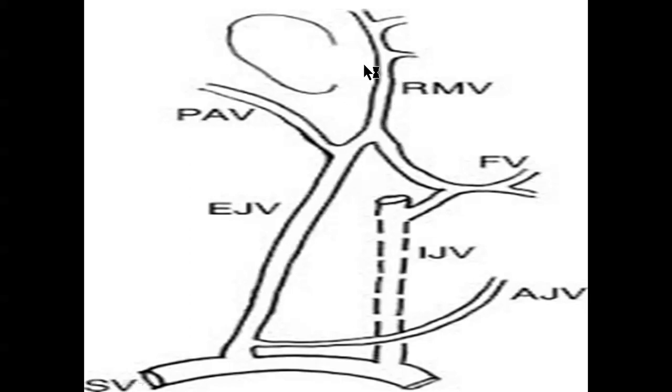Now again, about the retromandibular vein, it's a very important point regarding your parotid gland. Here is the parotid gland, and these are all the structures related to it when you're doing surgery on the parotid gland. Your facial nerve and your retromandibular vein are very important structures related to your parotid gland.